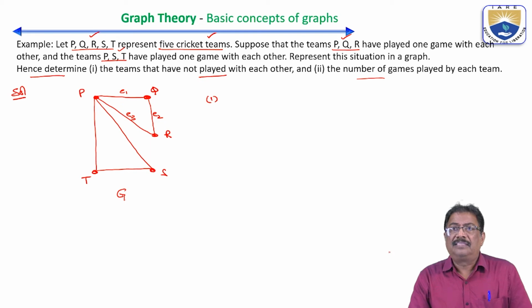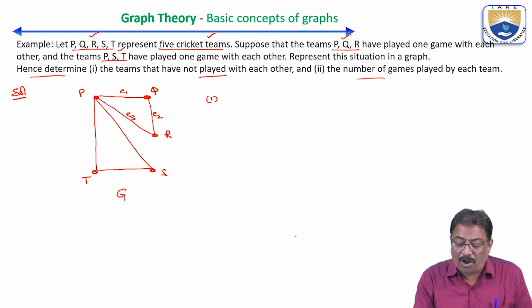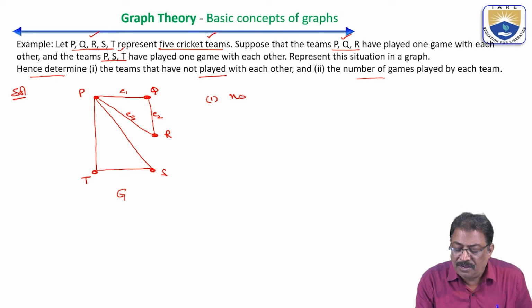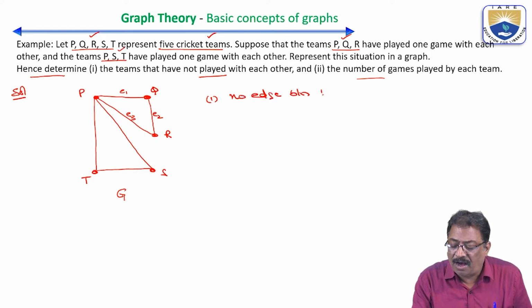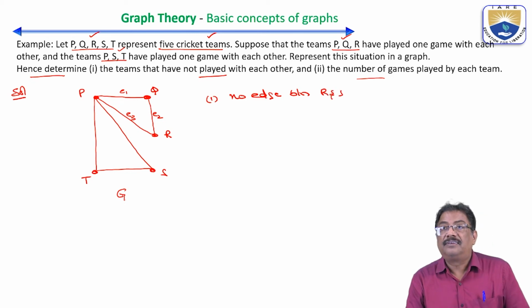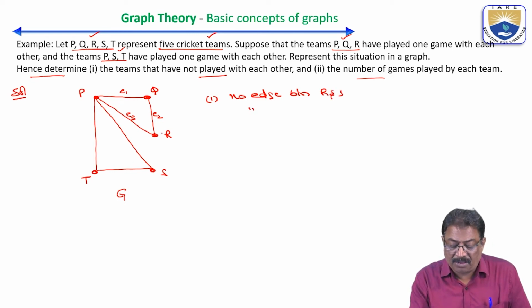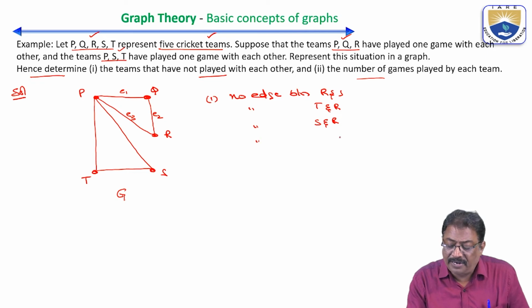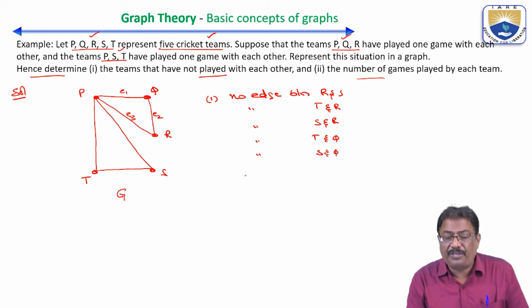So first one is the teams have not played. Have not played means there is no edge between R and S. And the next one is no edge between T and R, no edge between S and R, no edge between T and Q, no edge between S and Q, like that.